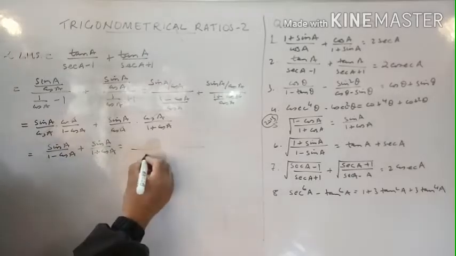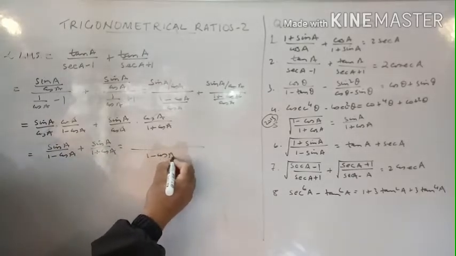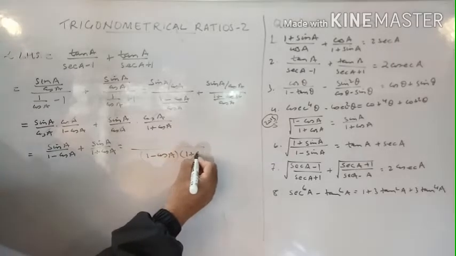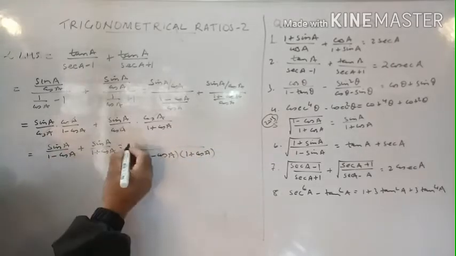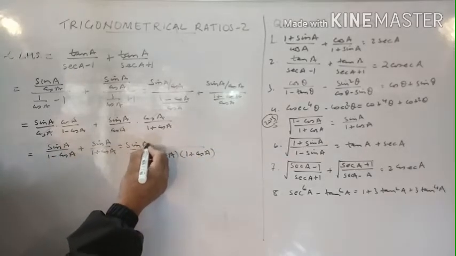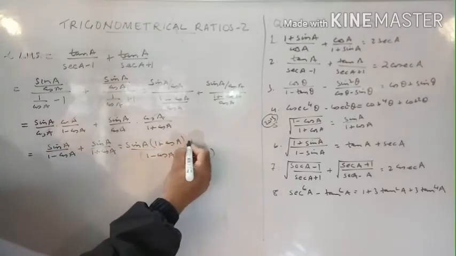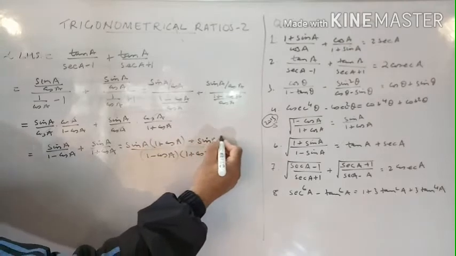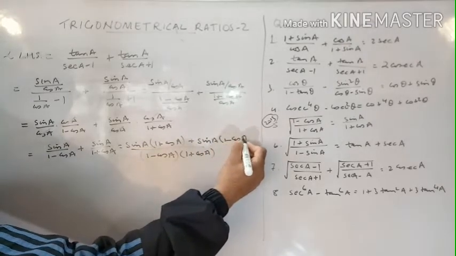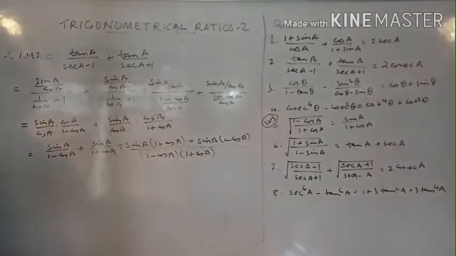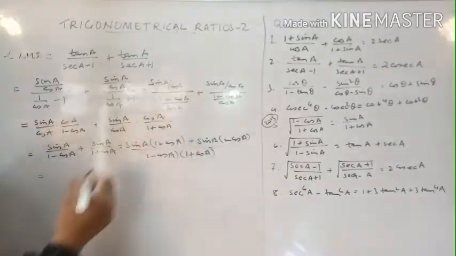Now you can take LCM, (1 minus cos A) into (1 plus cos A). So it will be sin A into (1 plus cos A), because these two will multiply, plus sin A into (1 minus cos A), because these two will multiply. Now open the bracket in the numerator.